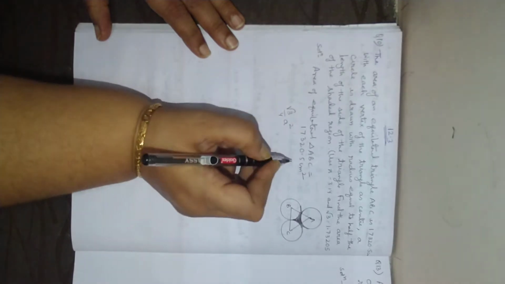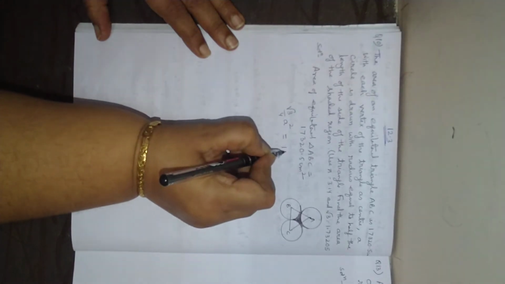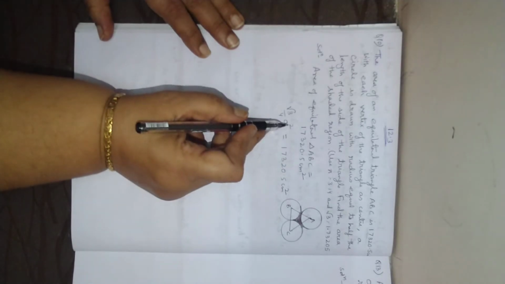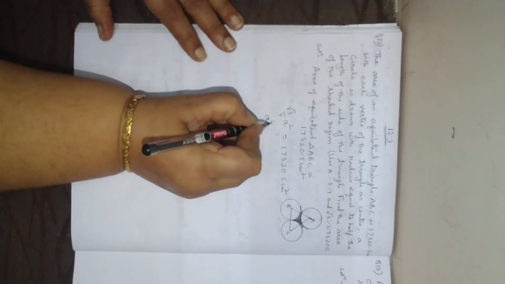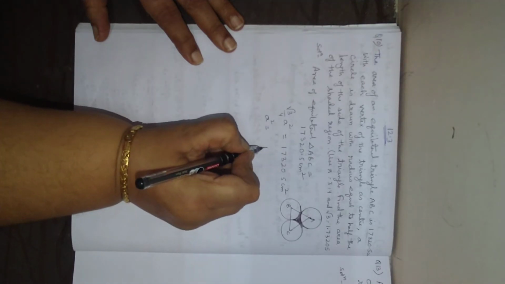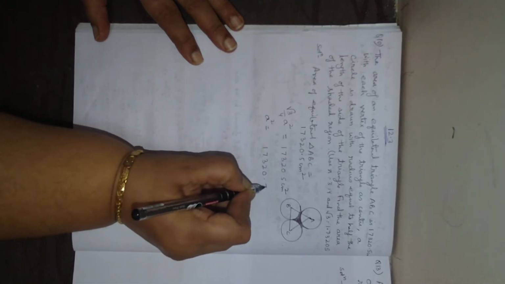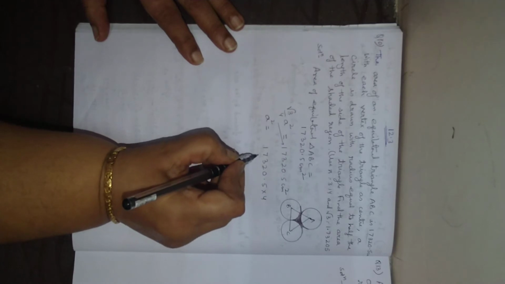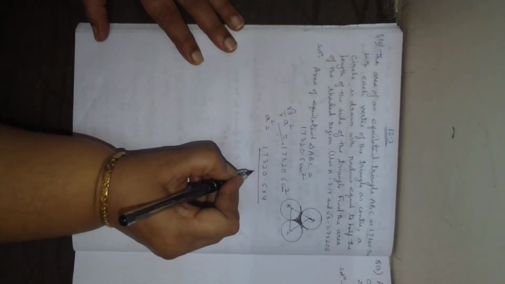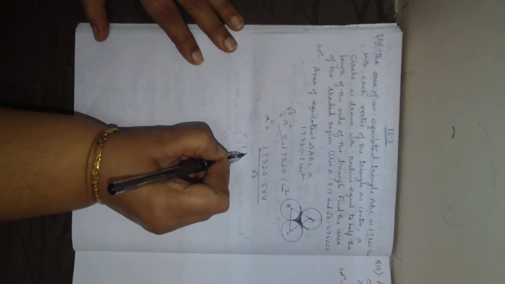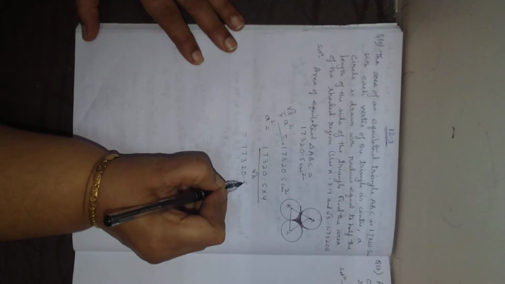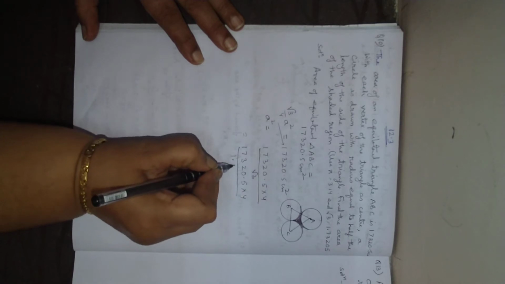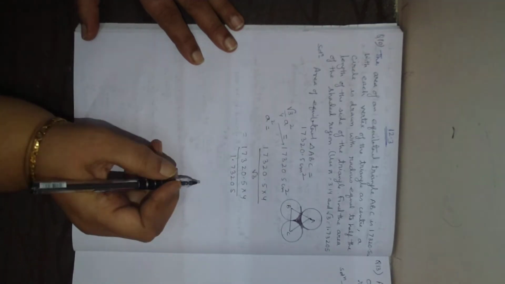The area of the equilateral triangle we know equals root 3 by 4 a square, that is side square. This is given, so we can find the side. a square equals 17320.5 into 4 divided by root 3, and the value of root 3 is given here as 1.73205.